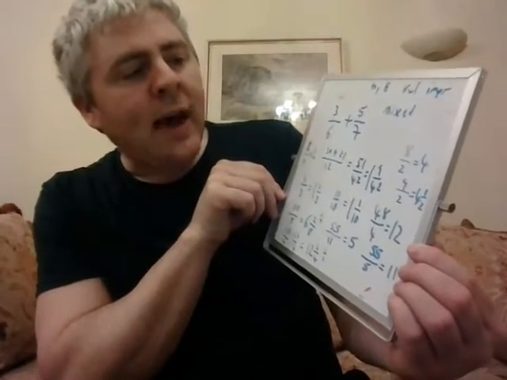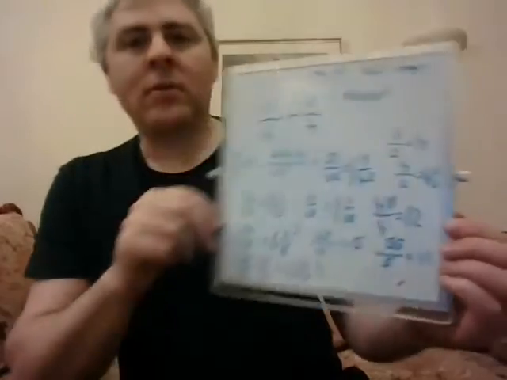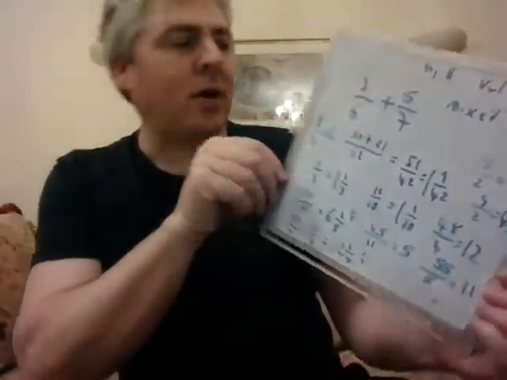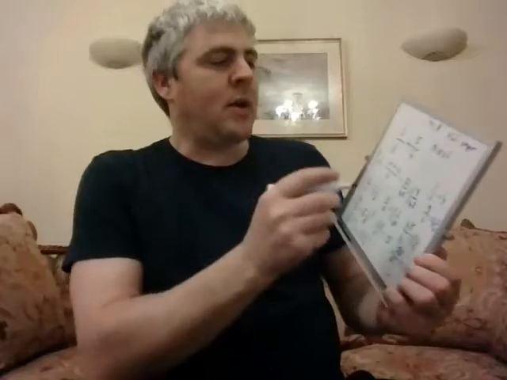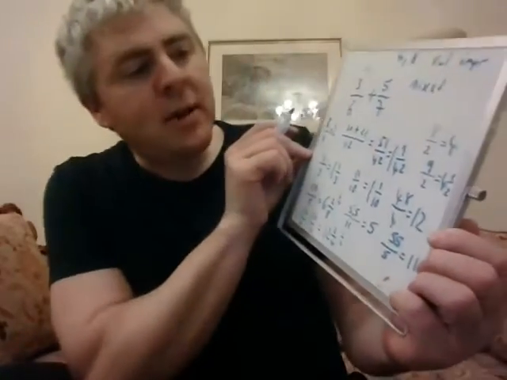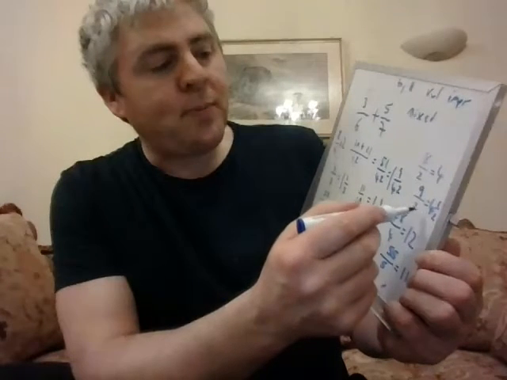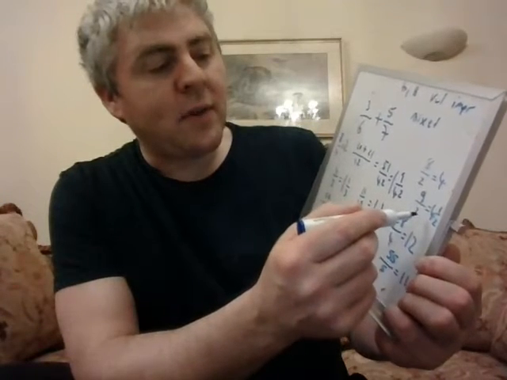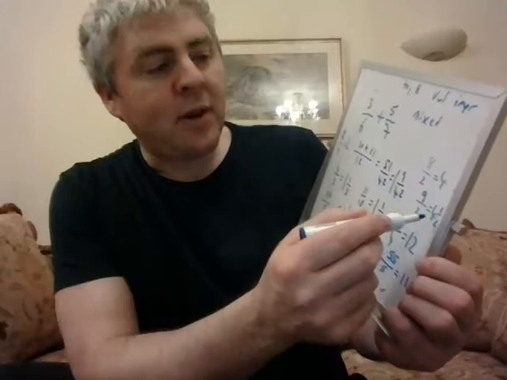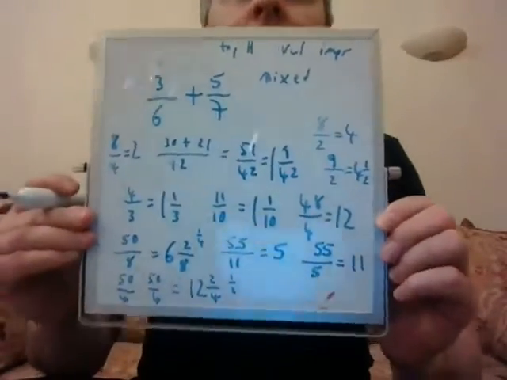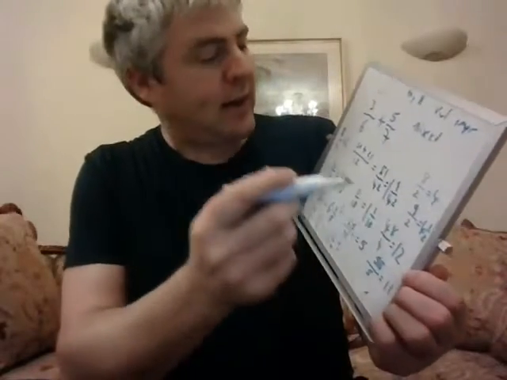So 9 is the top number and 2 is the bottom number. 2 goes into 9 4 times, with 1 left over, and then it's just 4.5. That's how that's written, so 4.5 is the final answer.